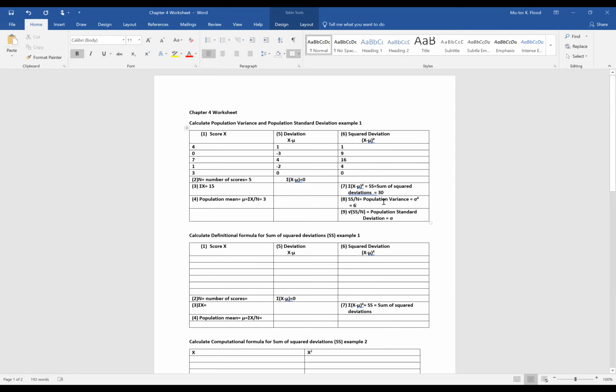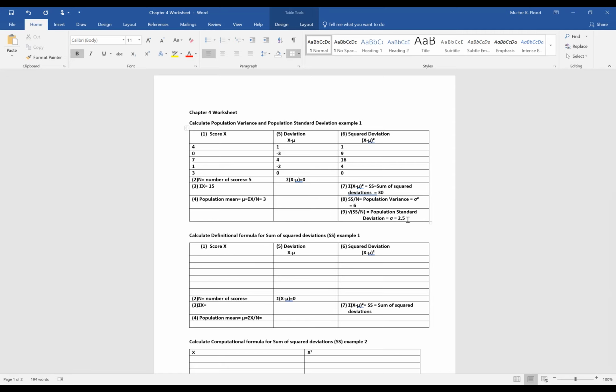Now, the question doesn't ask us to do this, but let's continue with it. If we wanted to know what the population standard deviation was, we would take the square root of the variance. The square root of 6 is going to be 2.5.